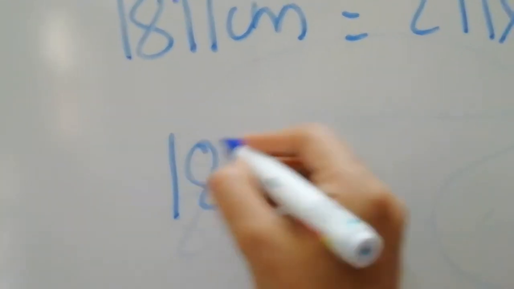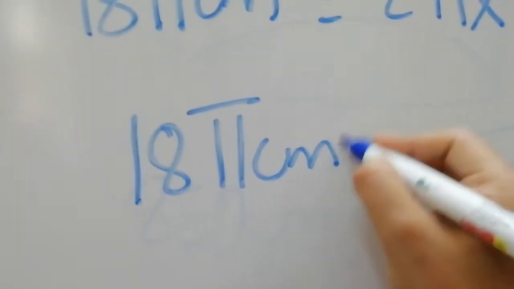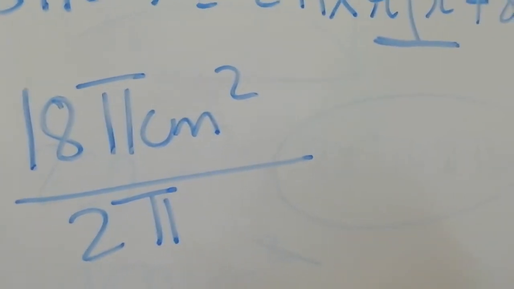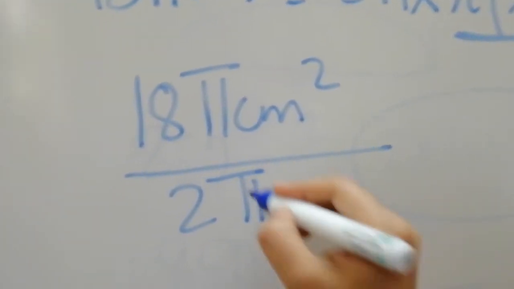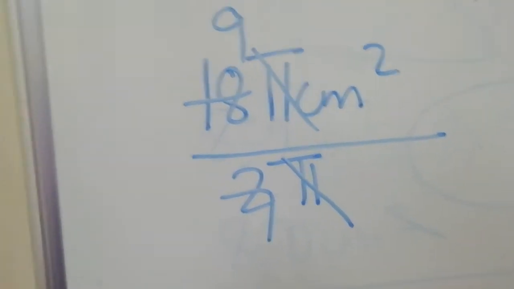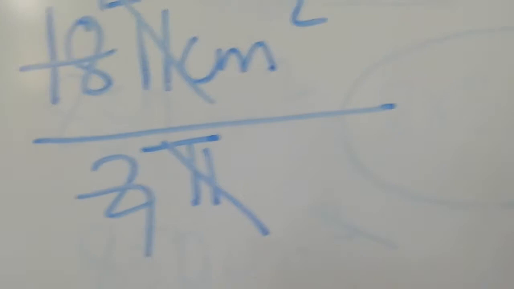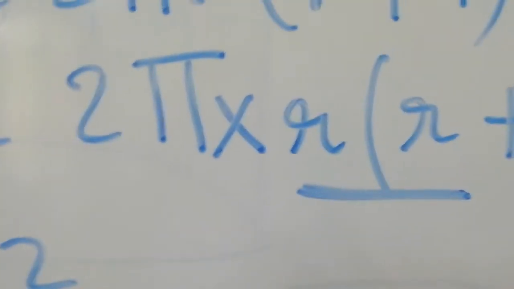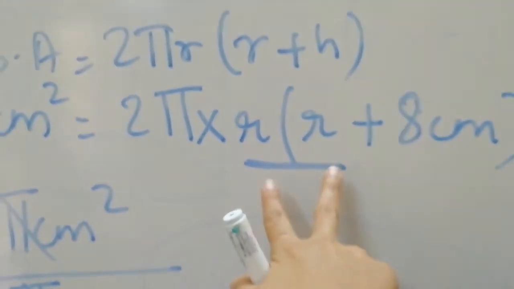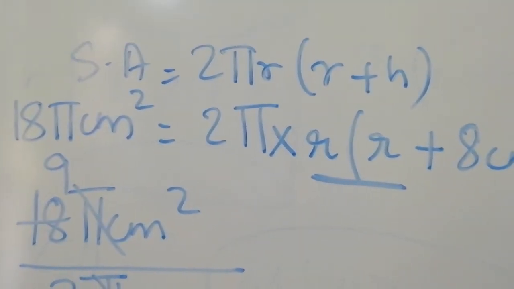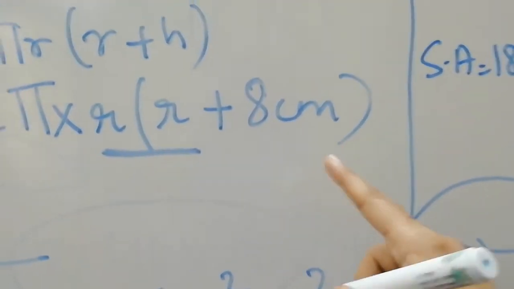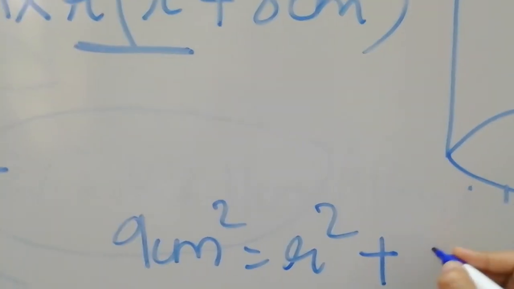Multiplication, when it goes to the other side, becomes division. So 2 pi becomes division. So this and this is 9 centimeters square. After simplification, what I got is 9 centimeters square is equal to r into the bracket r plus 8 centimeters.